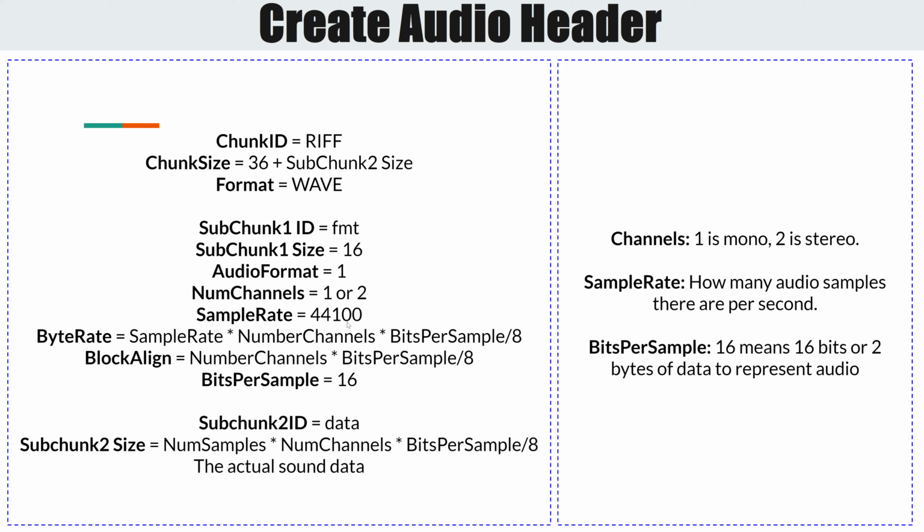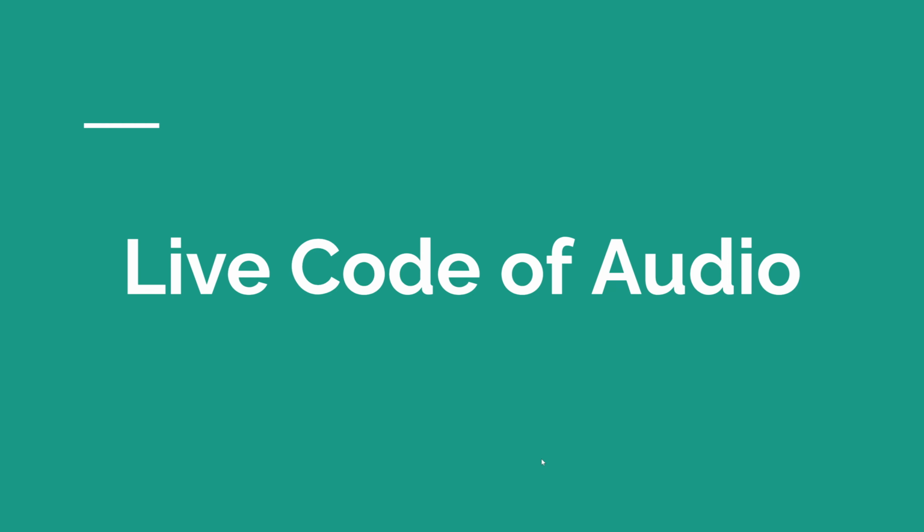We know that we should have 44,100 samples per second, but what if something ends halfway through that second, right? So we're going to do some file seeking there so we can, every time we run it, see exactly how many pieces of data we wrote. And then we're going to go back to our file, seek to these locations and update them, okay? All right, let's do a live code. Let's get into this.